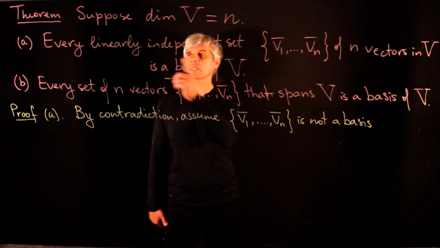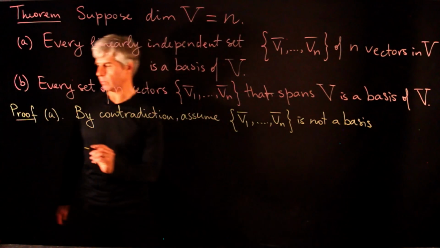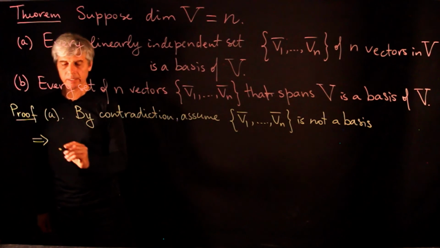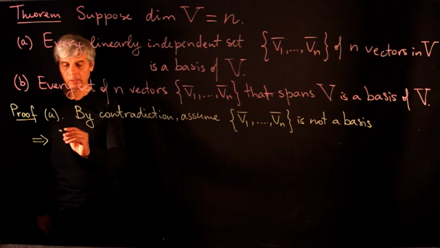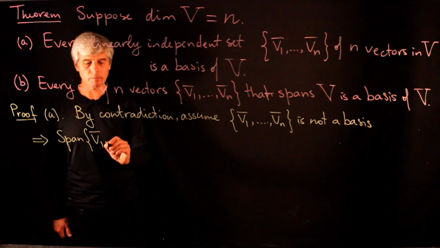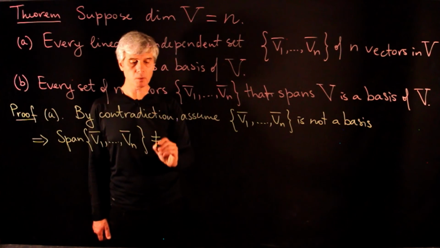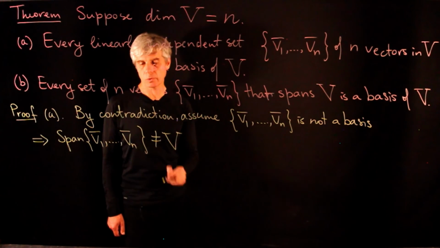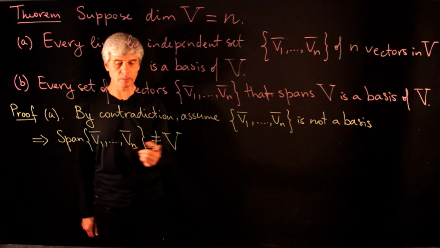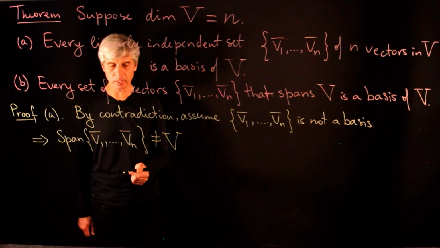But here we know that the linear independence property holds. So this implies that the span of this set of vectors is not equal to V. And so this means that it's smaller than V. Well, because everything happens in V, it cannot be greater than V.